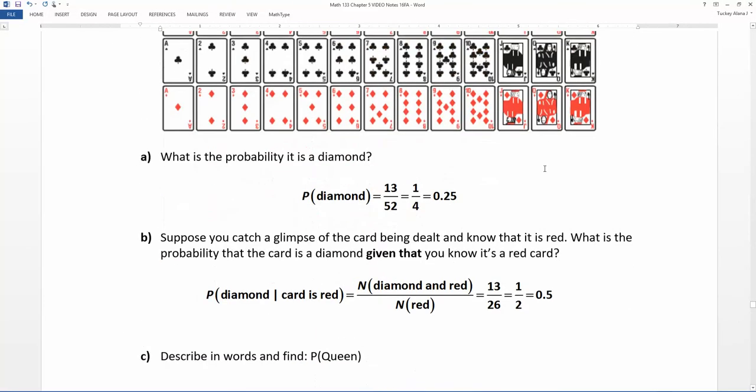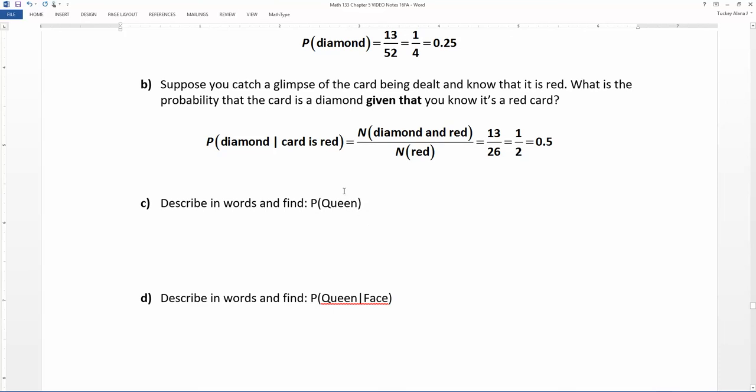All right, so let's go do poker hands again, just one more time. All right, this P parentheses queen. Well, that's the probability of pulling a single card and having it be a queen. So that's the words. Let me type that up.